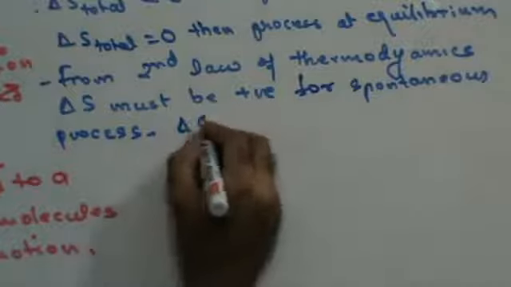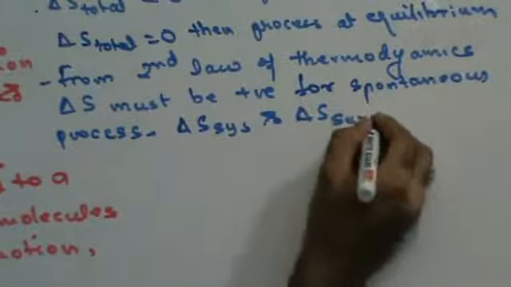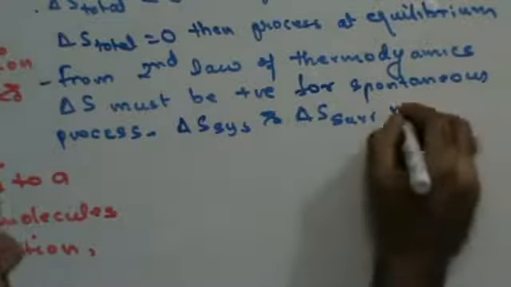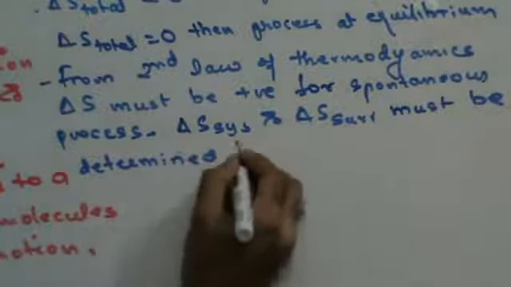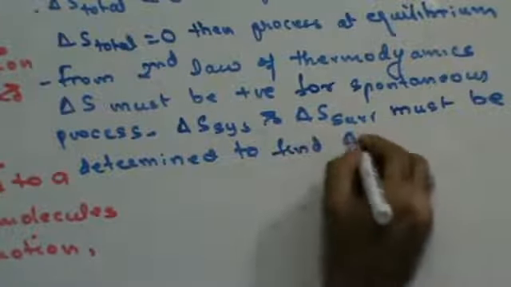Now, entropy change of the system and entropy change of the surrounding must be determined to find the total entropy change.